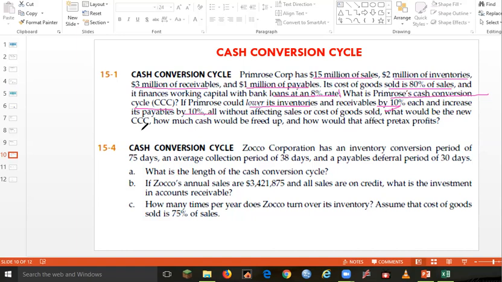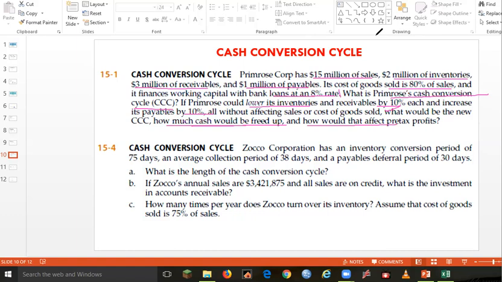So, new cash conversion cycle is required after making changes on inventories, receivables, and payables. Then, how much cash would be freed up, and how would that affect pre-tax profit?